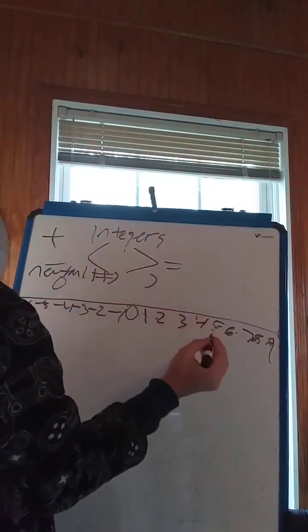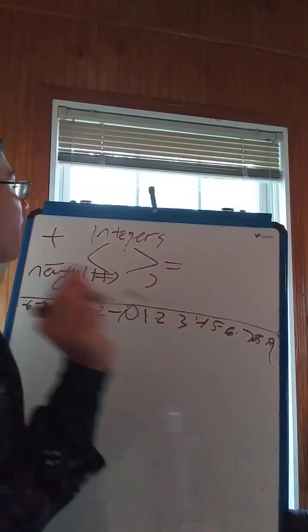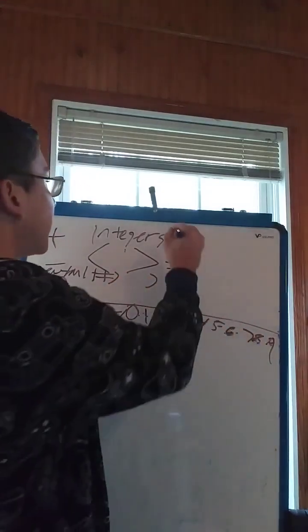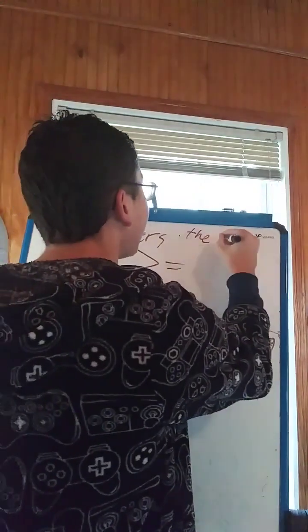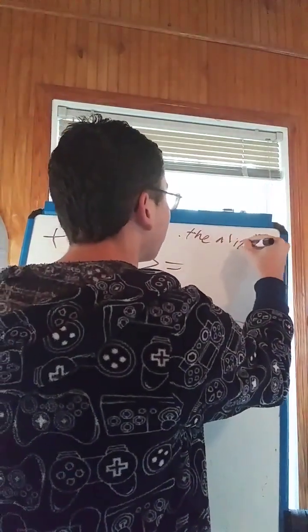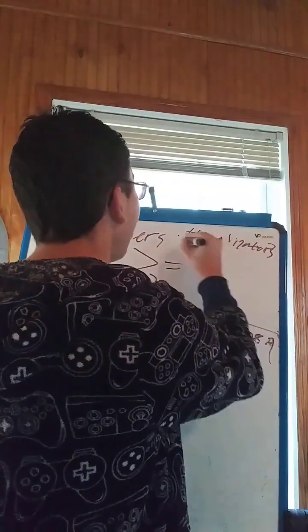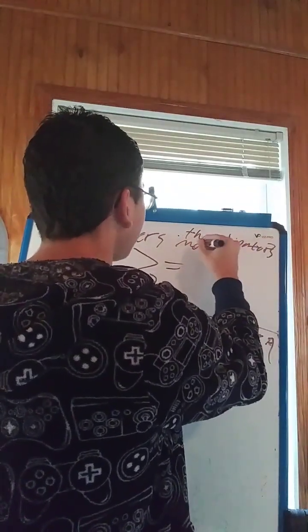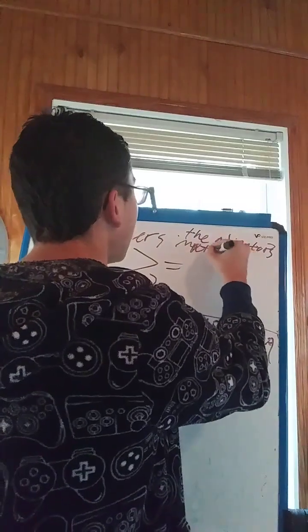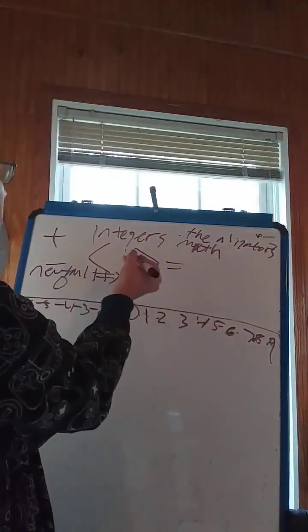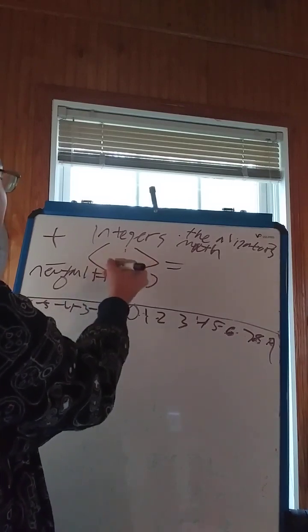Now there's a couple ways to think about this. One of which is the alligator. Or the alligator's mouth. So think of the alligator's mouth. Doesn't this look like a mouth kind of shape to you?